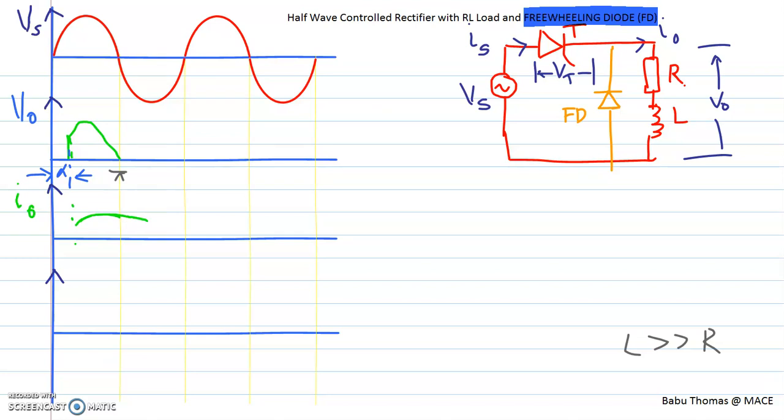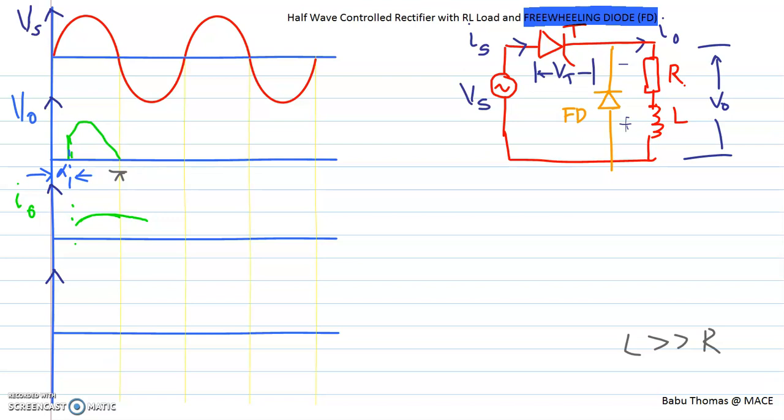During that time, what is happening to your freewheeling diode? When reaching pi or past the angle pi, this freewheeling diode gets a negative voltage over here and a positive voltage over here. Because of that, your freewheeling diode starts conducting.